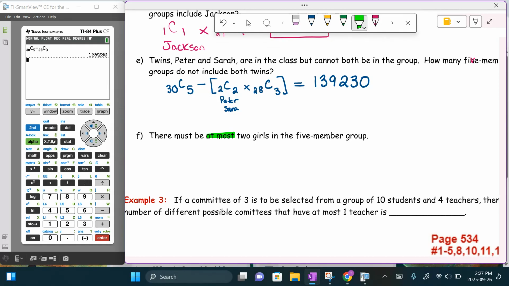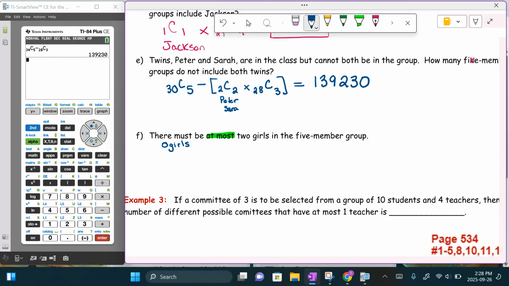So if you see an at most or at least, you have to do the cases, right? So at most 2 girls means there could be what? Right, so it could be 0, 1, or 2. So there could be 0 girls. I'm just going to write down the cases.